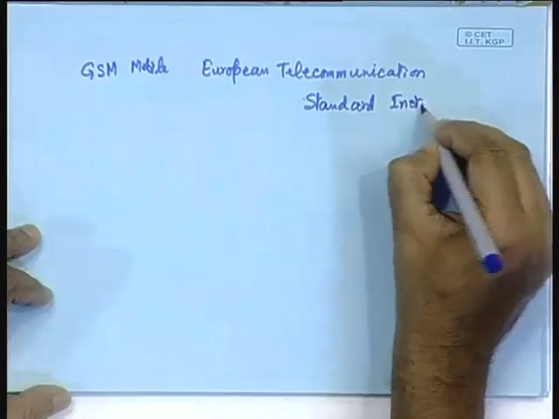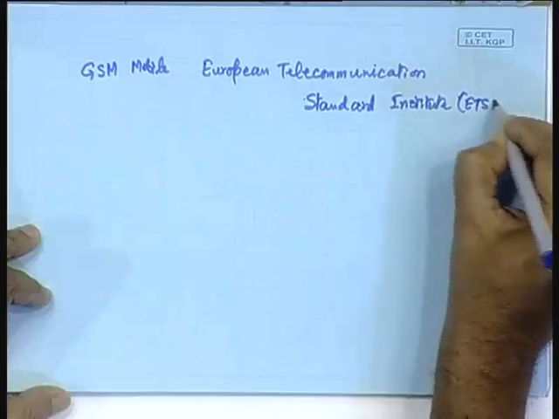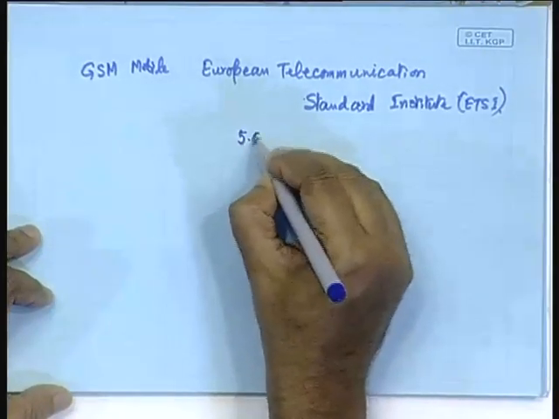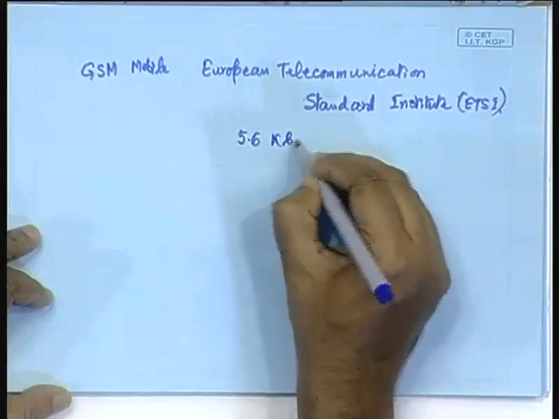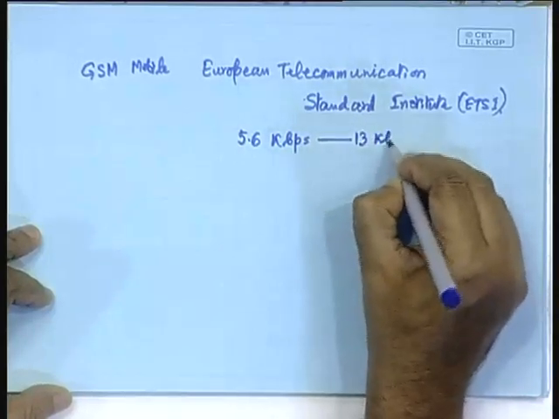ETSI specifies a bit rate in the range of 5.6 kilobits per second to 13 kilobits per second.